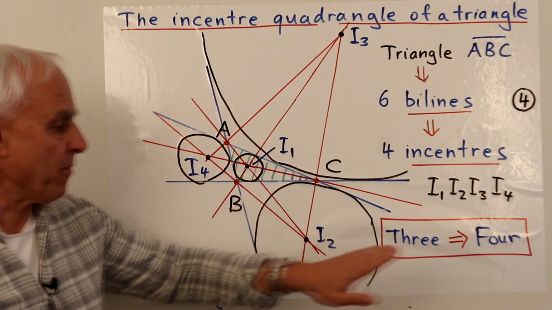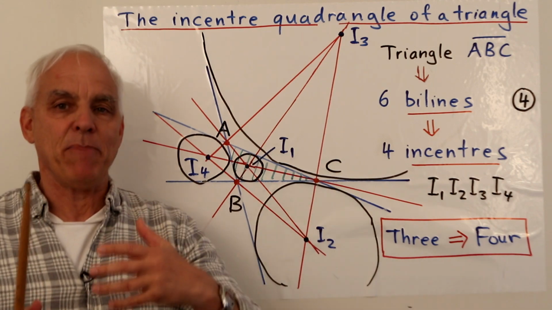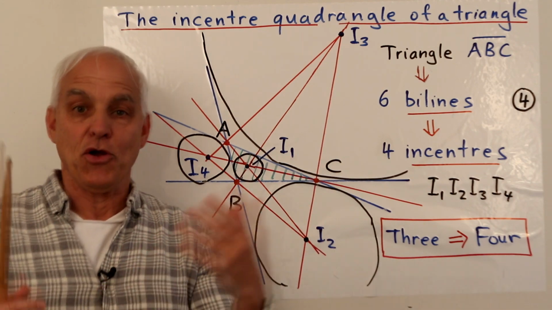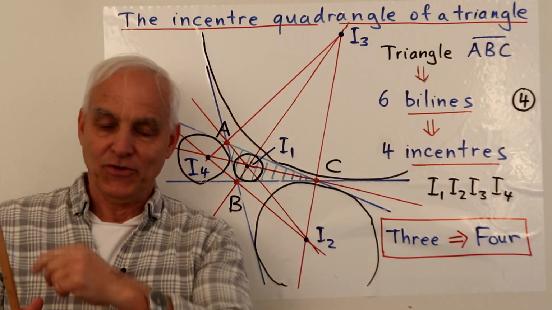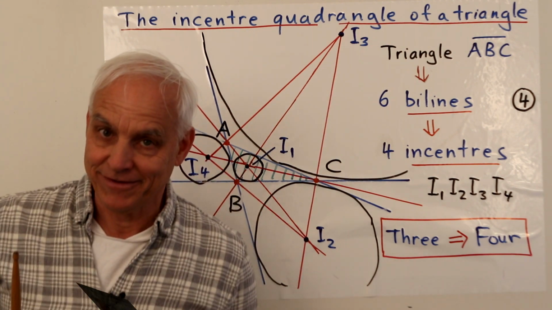So we're going now from 3 to 4, and this is reversing the pattern that we saw originally, going from 4 to 3. So now we can cross the 3-4 bridge in either direction.